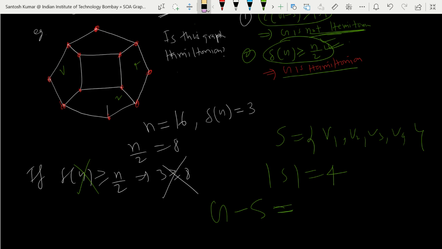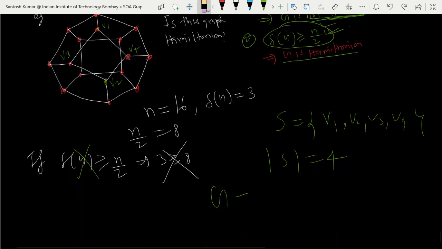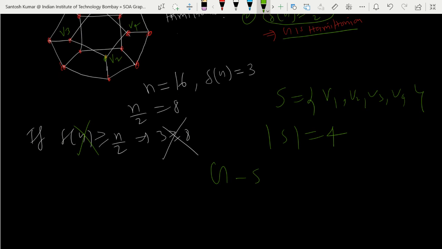Connected means just one component. So G minus S has one component. So the number of components in G minus S is 1.